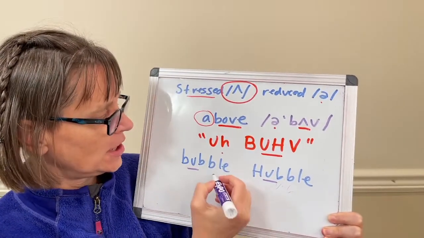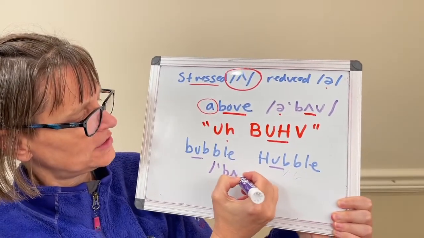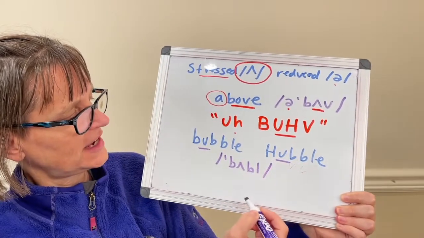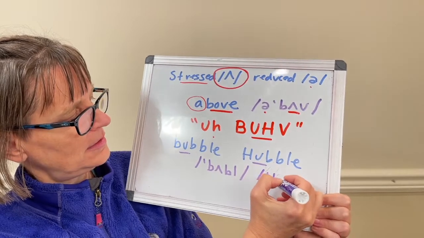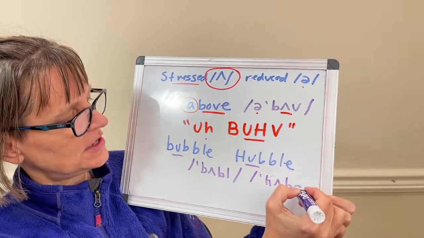Those are going to be longer and they're going to have the clear vowel. So you'll see the stress marker, the schwa, and then you may or may not see a second schwa in these words. So bubble, Hubble, I will show you two different ways you'll see this in the dictionary.